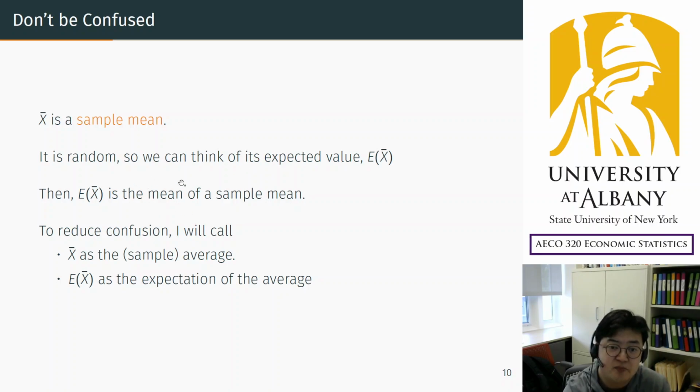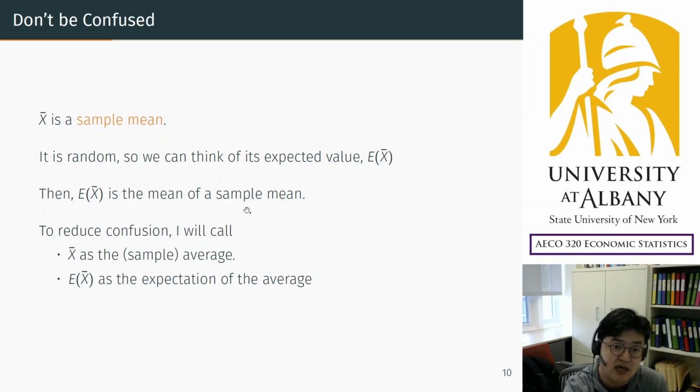This is the theoretical population mean. This is the more practical, empirical, finite sample mean. So to reduce the confusion, I will try to call x bar the average or sample mean, and the population mean, the theoretical true mean, the expectation, right? So this is the biggest problem in understanding sampling distribution.